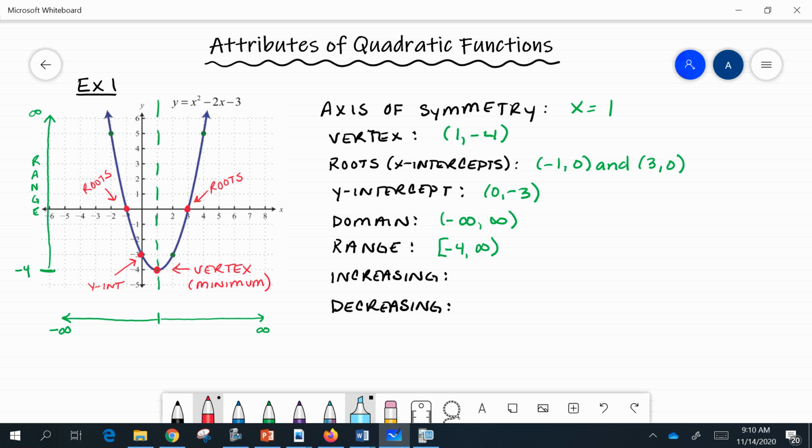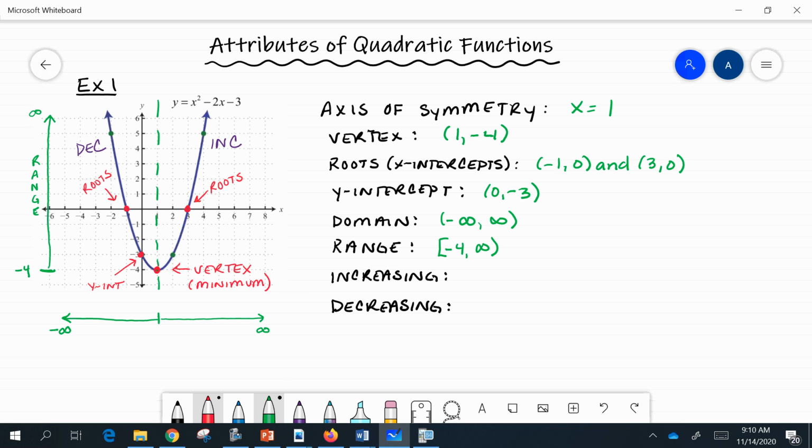The part that's decreasing is this part right here on the left, so make a note that this part of the parabola is where it is decreasing. Then it hits this minimum value, and over here the parabola starts increasing. This is the half where it increases.